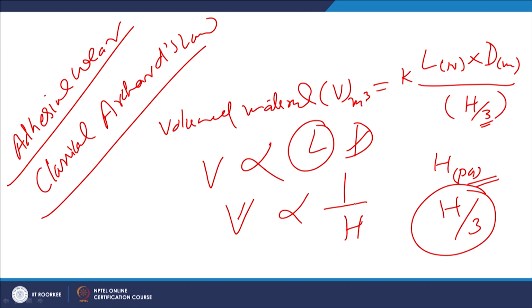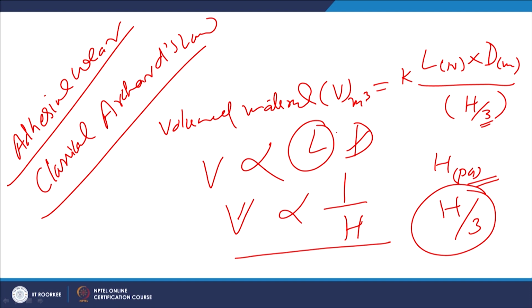So, this wear volume is inversely proportional to the hardness of the material, which means the increase in hardness will reduce the adhesive wear. Similarly, the increase in the normal load and the sliding distance will increase the adhesive wear proportionally or linearly.